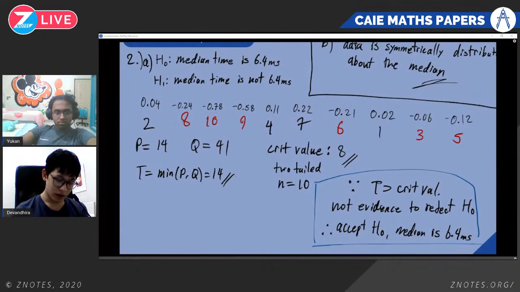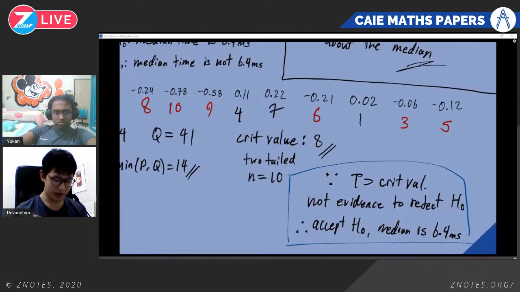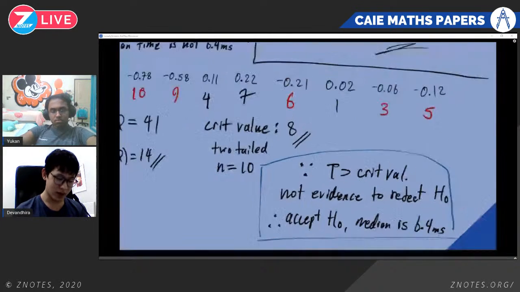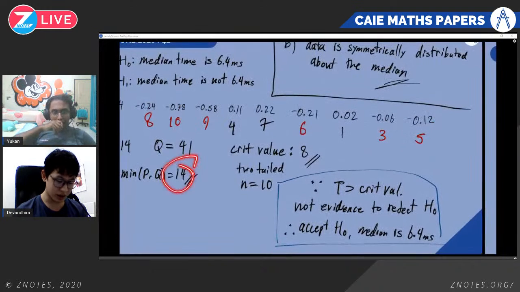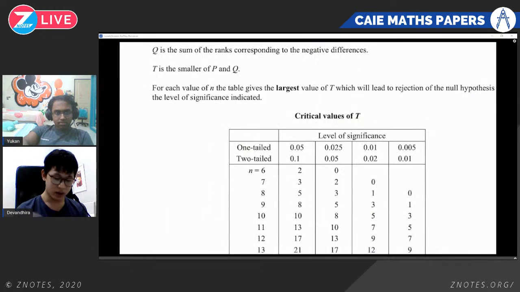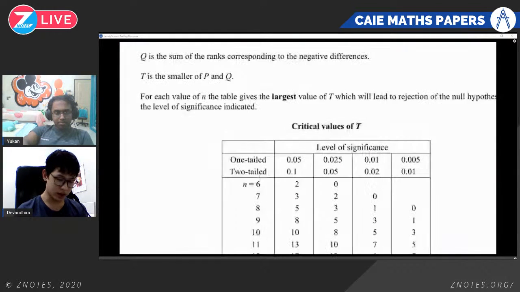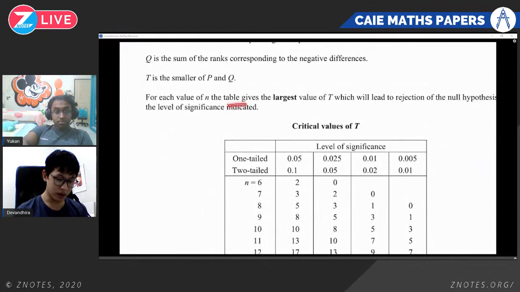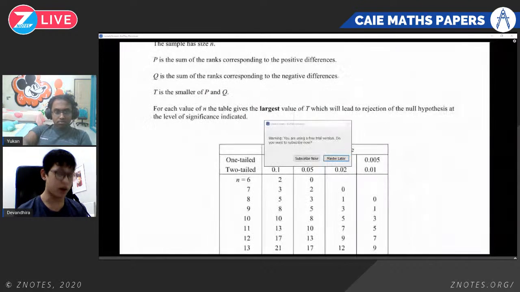Here's where it might get confusing: since our test statistic is greater than 8, we don't reject our null hypothesis. Usually we do, but only in this case we don't. If you look at the formula sheet, it says the table gives the largest value of T which will lead to the rejection of the null hypothesis.